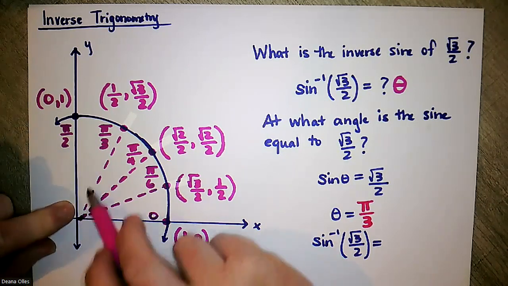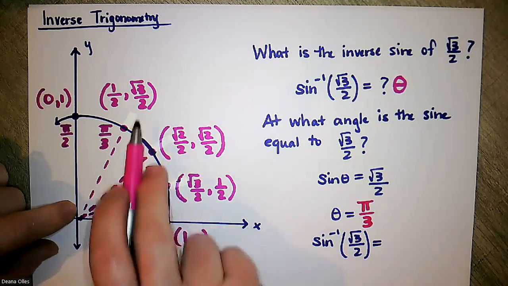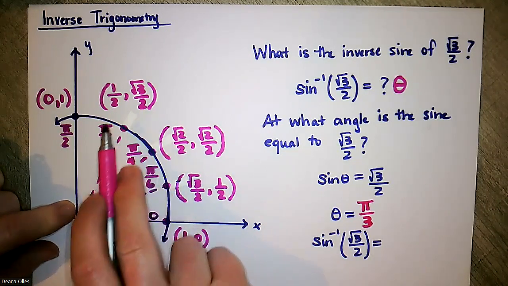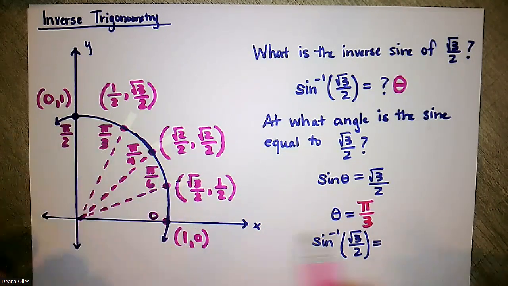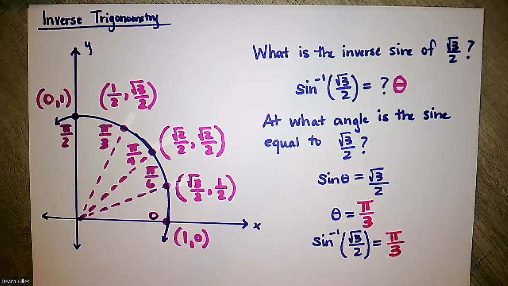I think we can all agree on that. So the inverse sine of radical 3/2 is pi/3. I'm just going backwards. I'm just reversing the direction. Okay, and that's what inverse functions do.